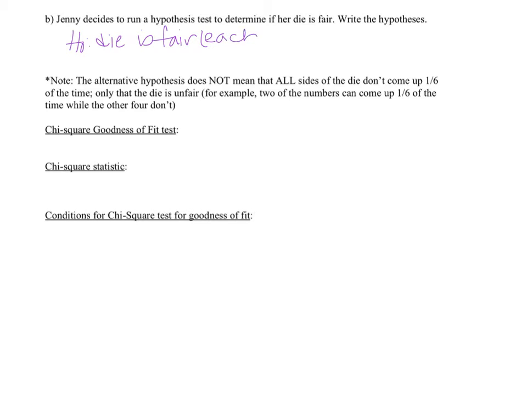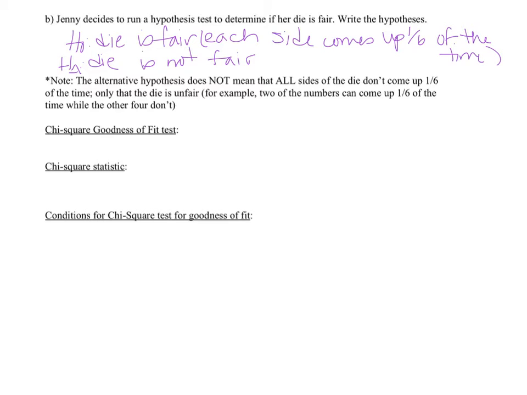I'm going to say each side comes up 1/6 of the time. The alternative is going to be the exact opposite, that the die is not fair. And in that case, it's going to be that not every side comes up 1/6 of the time.